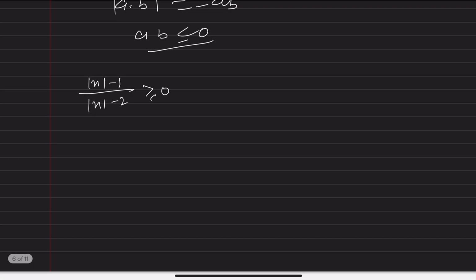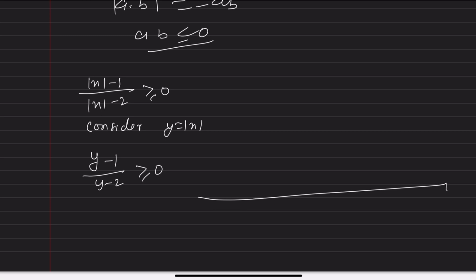So let me consider y equal to mod of x. When we consider y equal to mod of x, this inequality becomes y minus 1 over y minus 2 greater than or equal to 0, right? And we know how to find the solution.